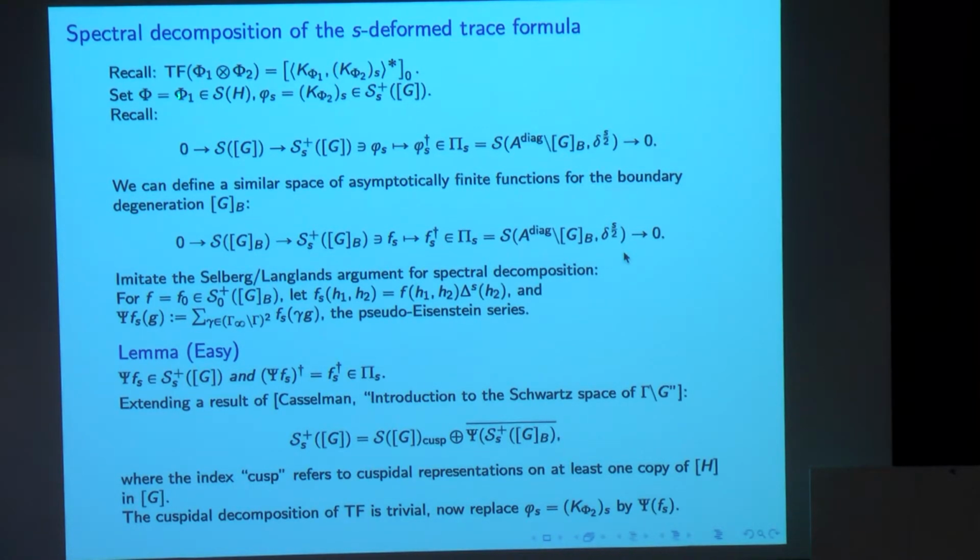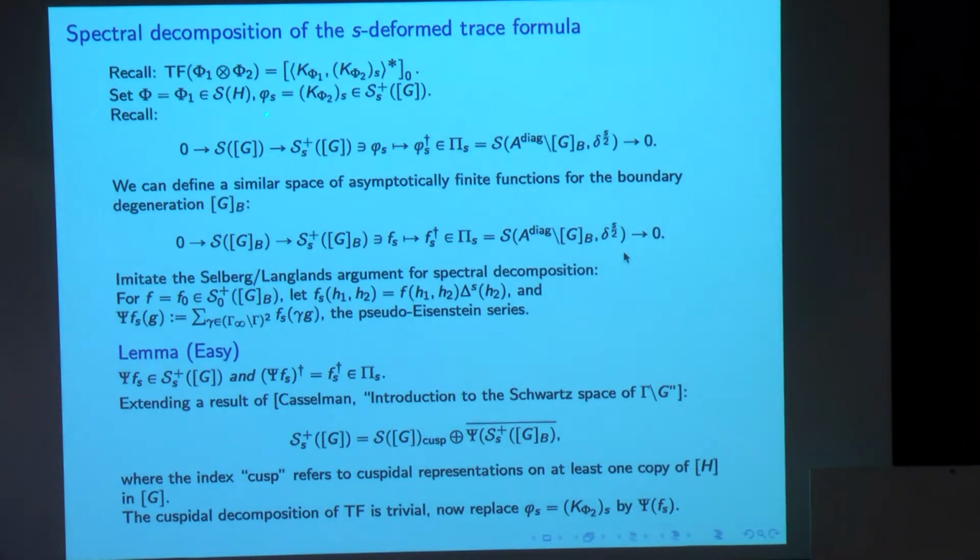So recall what we want to analyze is the inner product of kernel functions where we have modified one of the kernel functions to make it S asymptotic instead of 0 asymptotic. So let's take capital phi to be the first test function.